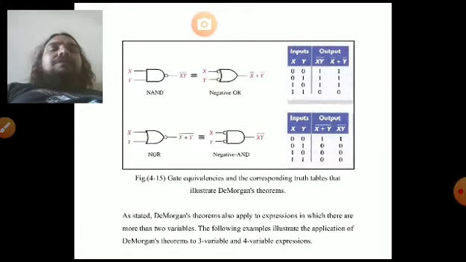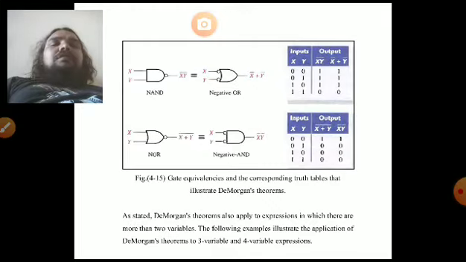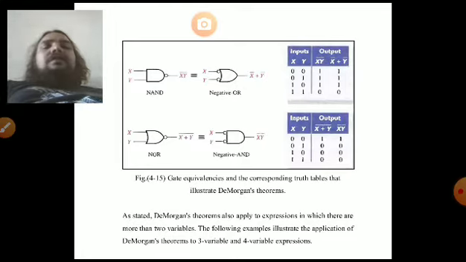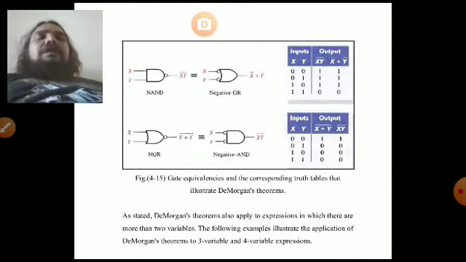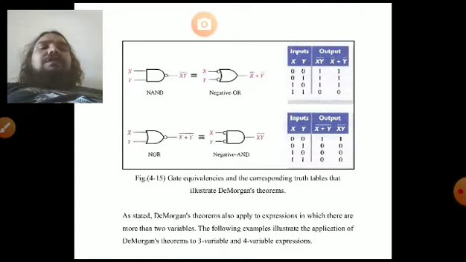For De Morgan's first theorem, the LHS is a NAND gate, or an AND gate plus a NOT gate. The RHS is two NOT gates and one OR gate. This shows LHS is equal to RHS in the form of De Morgan's first theorem.